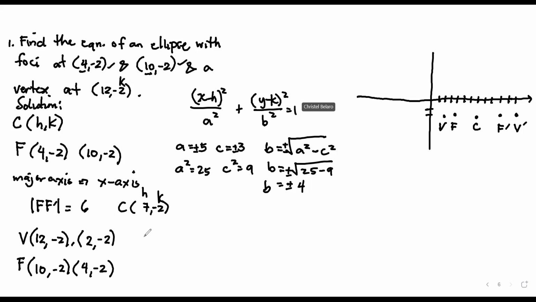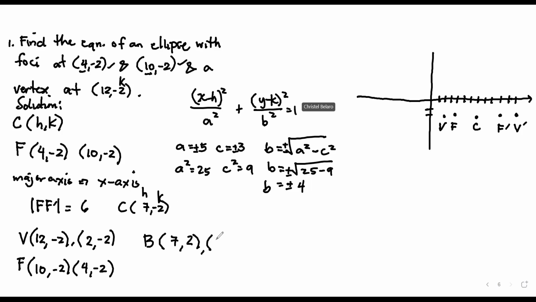And the coordinates for the minor axis. Ang major axis ay nasa x, so ibig sabihin sa y tayo magdagdag. Copy ang h, 7. K plus or minus b. Negative 2 plus 4, it's 2.